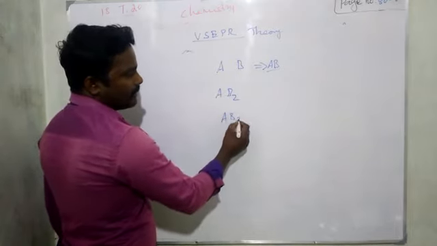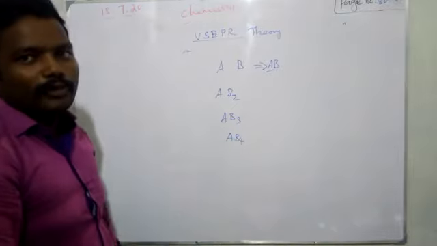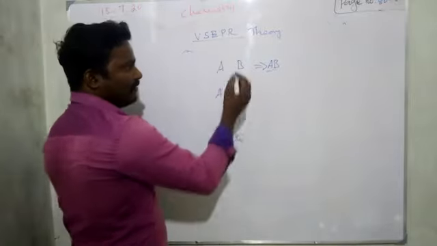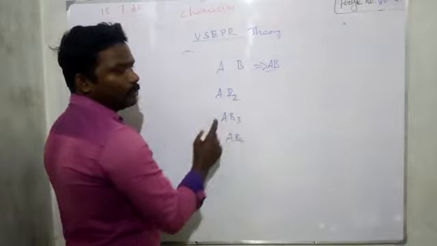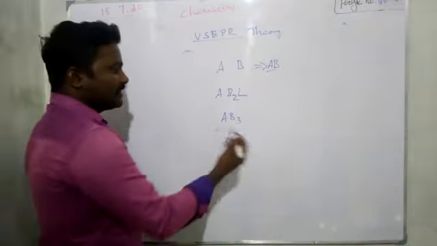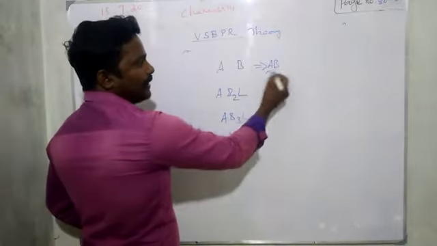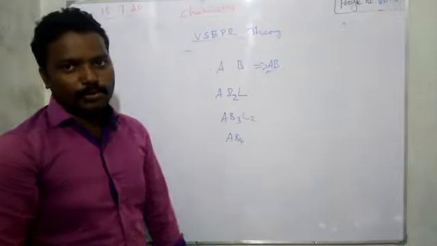Then AB3, AB4, likewise it may form. Otherwise, it may have lone pair electrons. Suppose AB2 has one lone pair; we can represent it as AB2L, and AB3 with two lone pairs as AB3L2. With no lone pair, we simply write AB. So these are the types of compounds.